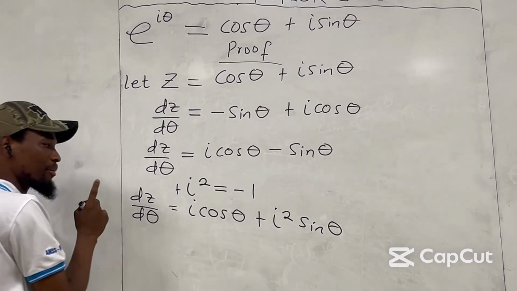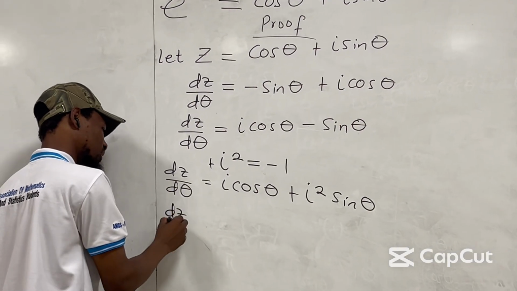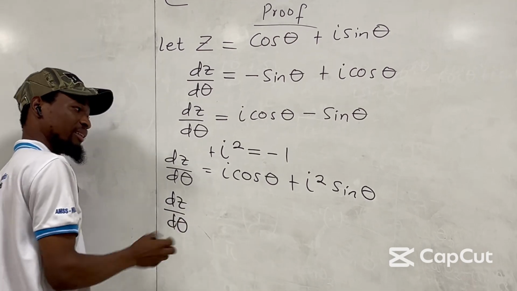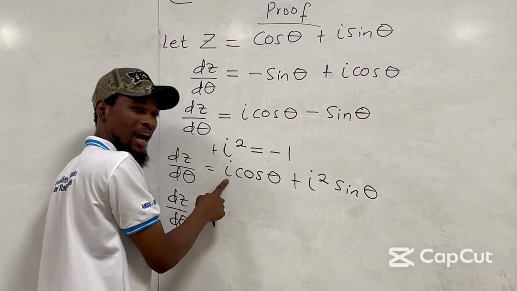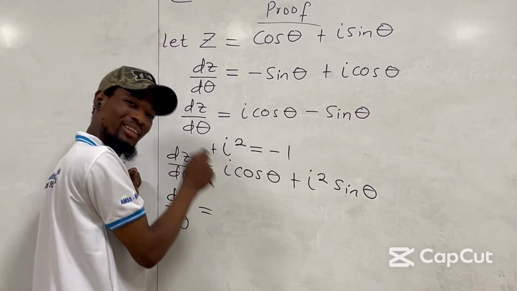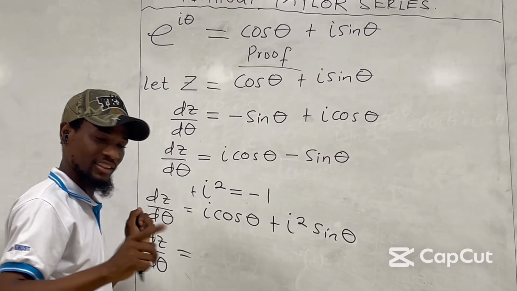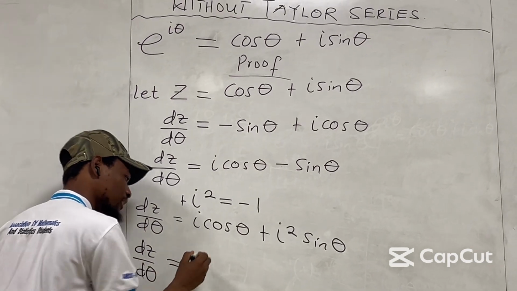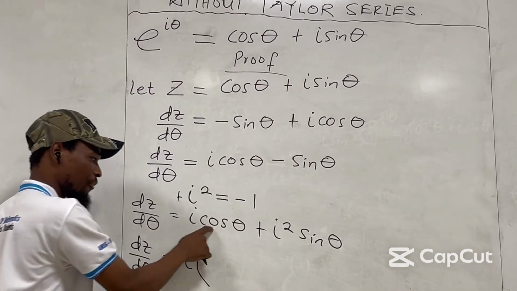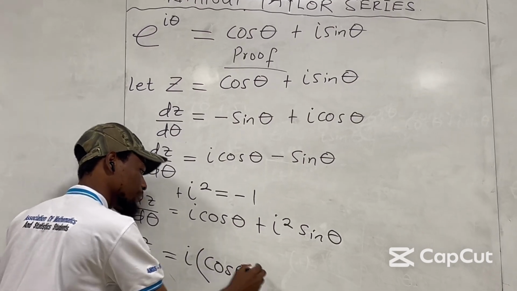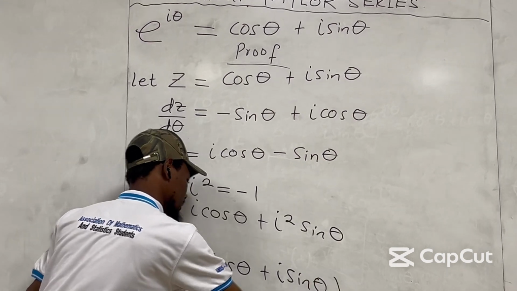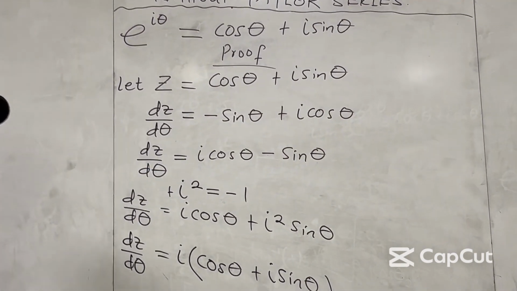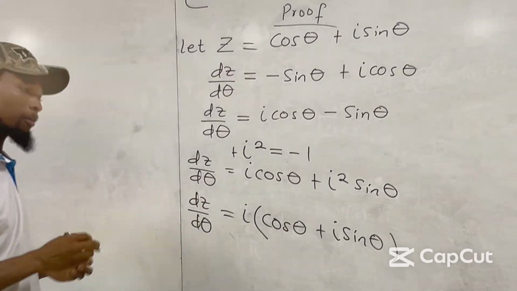Now dz over dθ is equal to i and i. You can see I can also see i here, so this calls for factorization. I'll factor i out. I have i, then in brackets, cos θ plus i sin θ.